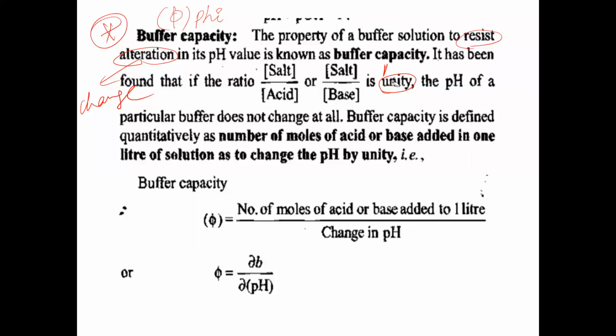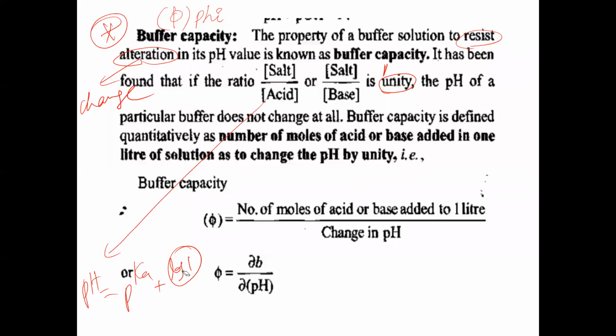If this ratio becomes unity, the pH of a particular buffer does not change at all. Then what happens here? For an acidic buffer, pH will be equal to pKa plus log of salt by acid concentration. So log 1. Salt by acid, how much here? 1.